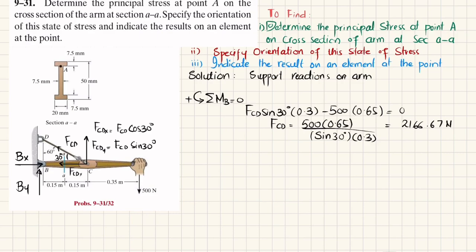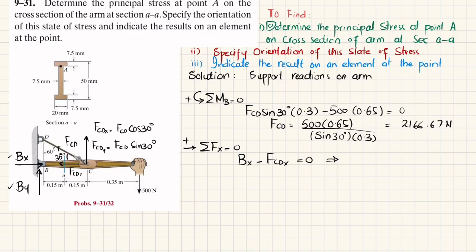Clear? Now we'll find Bx and By by using the equations of equilibrium. The sum of all forces along the x direction must be equal to 0, and force in this direction is taken as positive. So Bx, which is acting in the positive direction, and the other horizontal force, FCDx, their sum must be equal to 0. So I will write Bx minus the FCD x component is equal to 0.